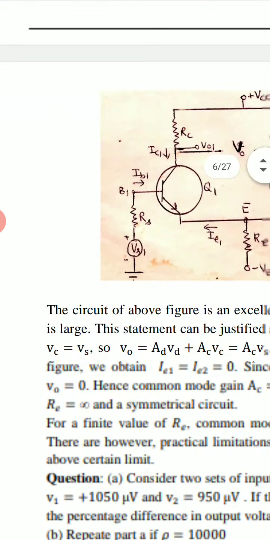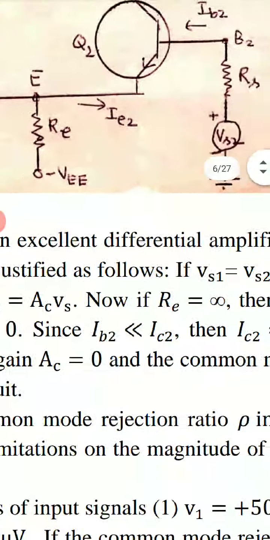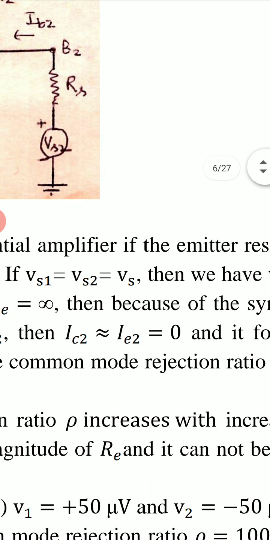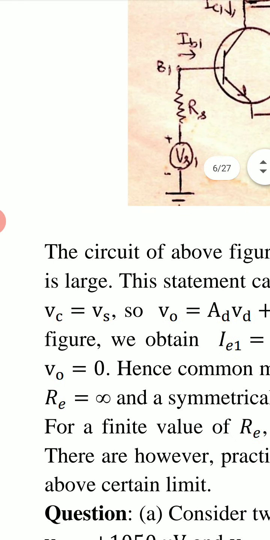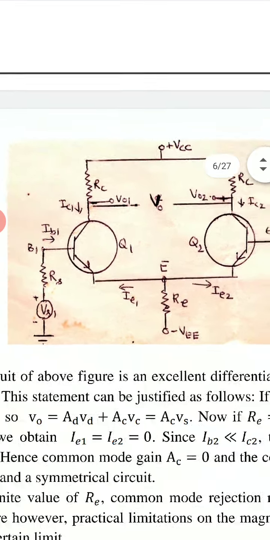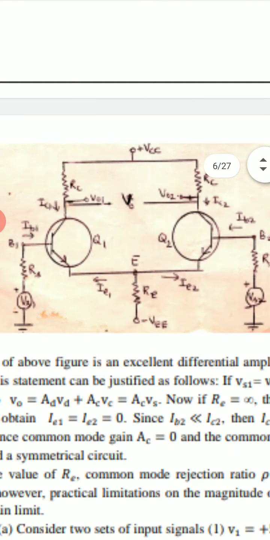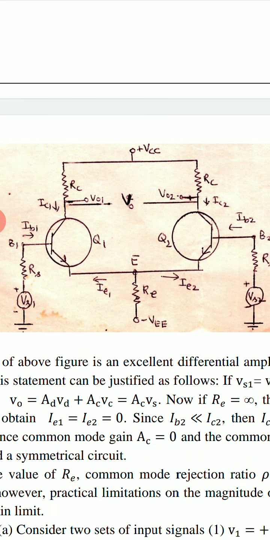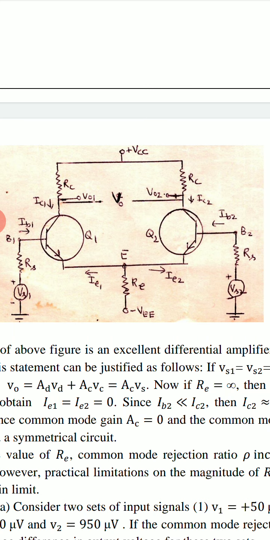The circuit of this figure is an excellent differential amplifier if the emitter resistance Re is large. If emitter resistance Re is very large, then this circuit behaves as ideal differential amplifier.